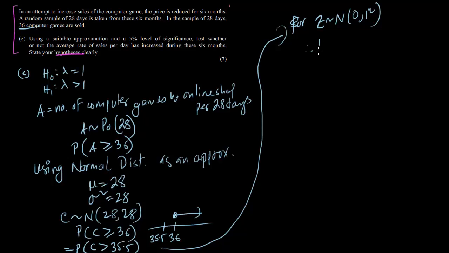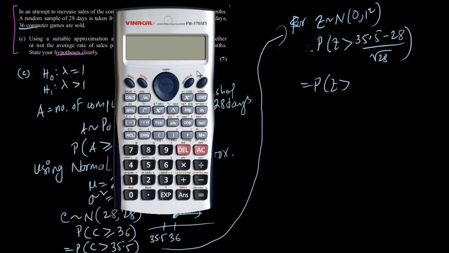So what we have, therefore, is probability of Z is greater than 35.5 minus the mean, which is 28, divided by sigma, which is the square root of 28, and it turns out to be 1.417.